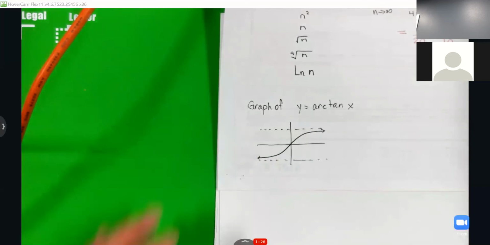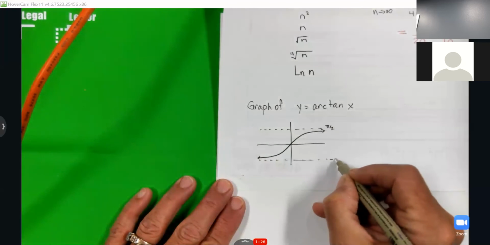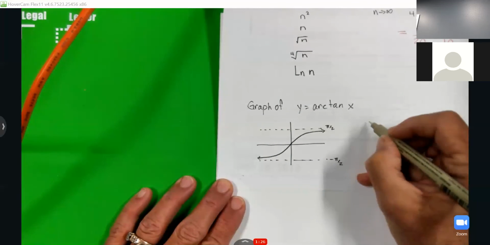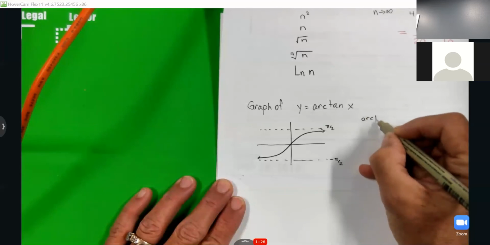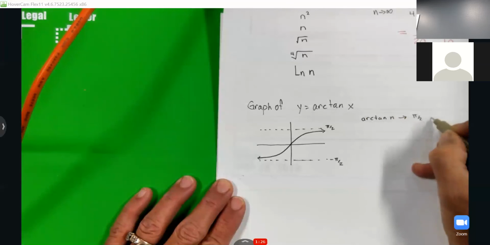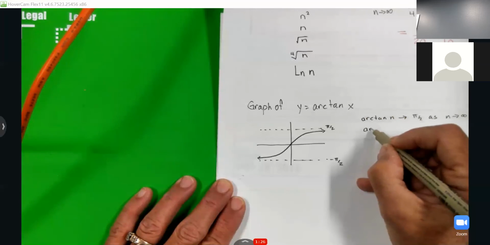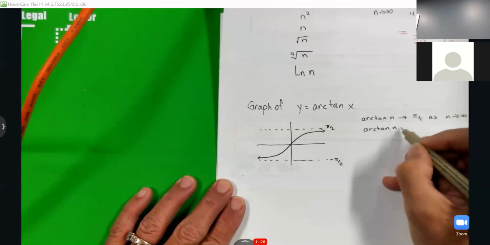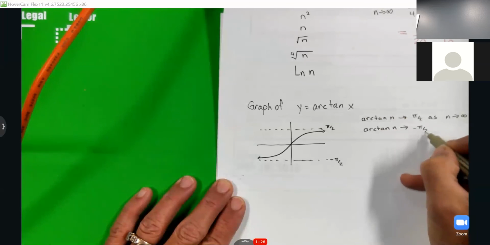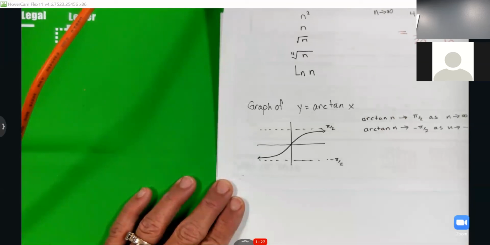Where was that asymptote? That's right. This one's at y is equal to pi over 2, and this is at y is equal to negative pi over 2. So we say that the arctangent of n goes to pi over 2 as n goes to infinity, and the arctangent of n goes to negative pi over 2 as n goes to negative infinity.